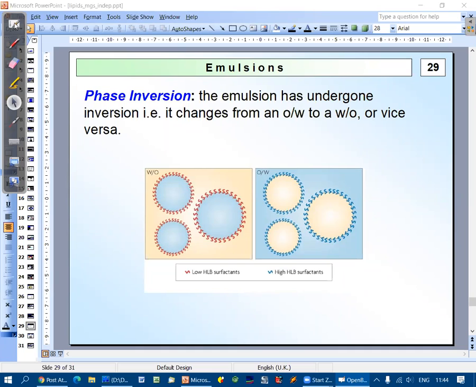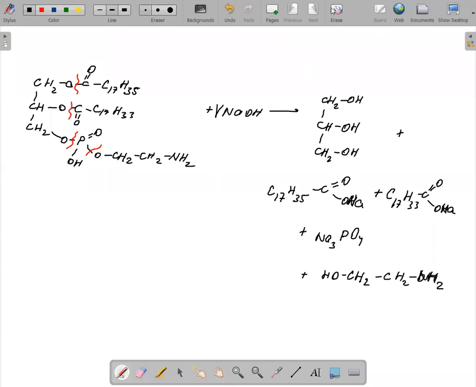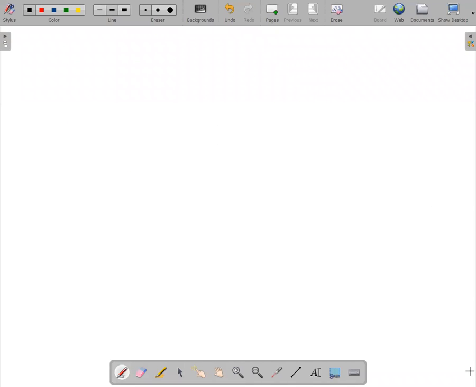How can it be done? For example, you have my favorite sodium salt of oleic acid. This is a hydrophilic surfactant, and it will stabilize the direct emulsion.